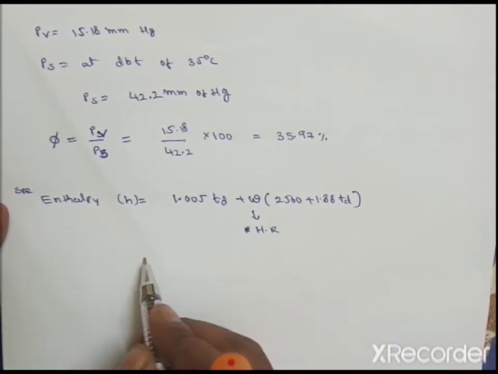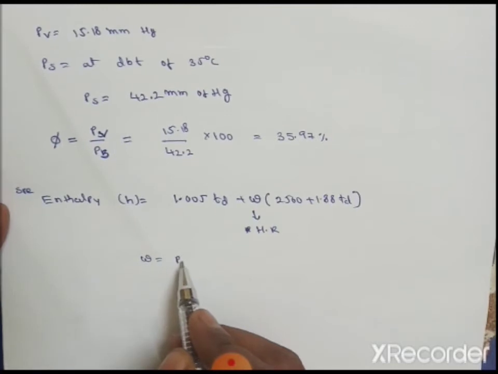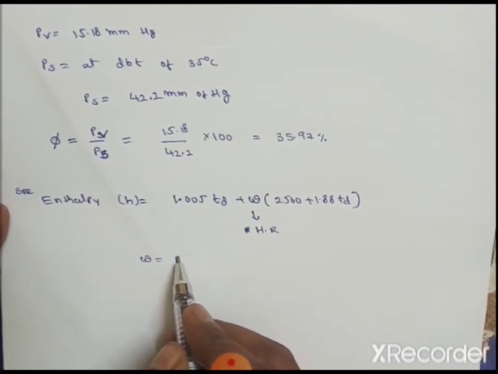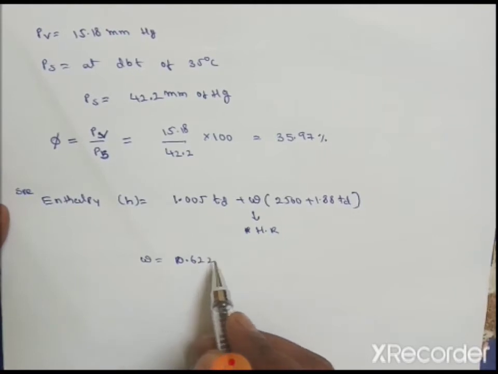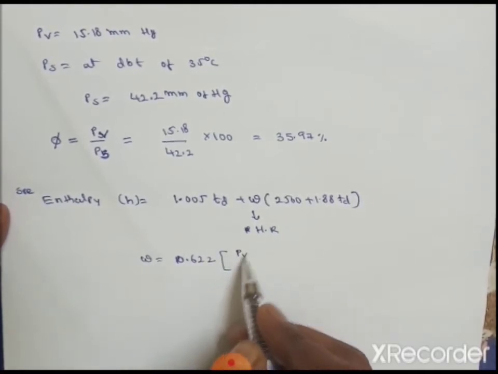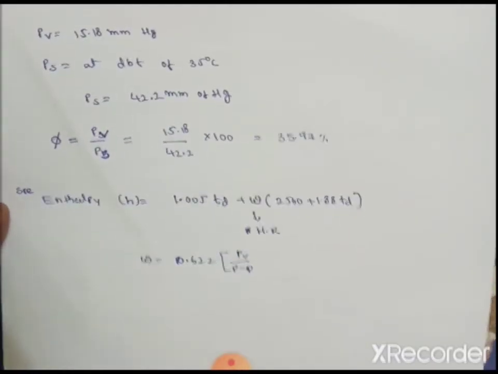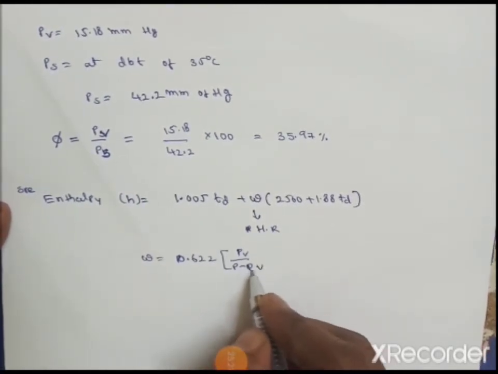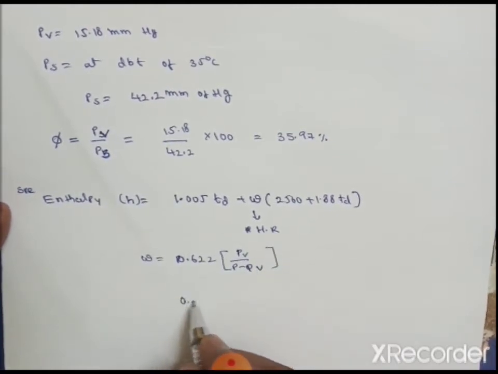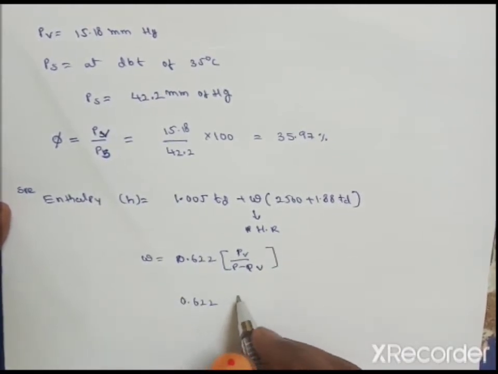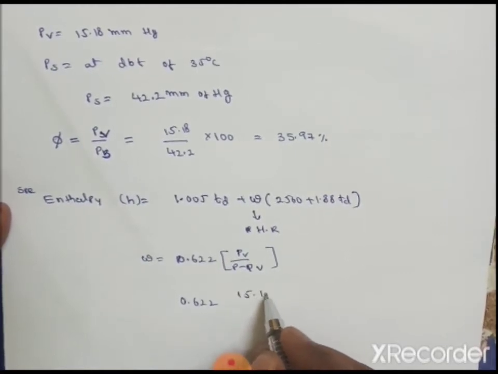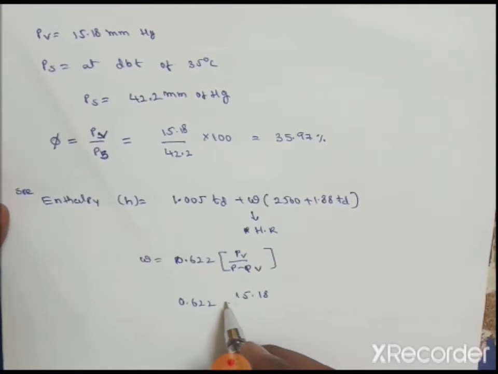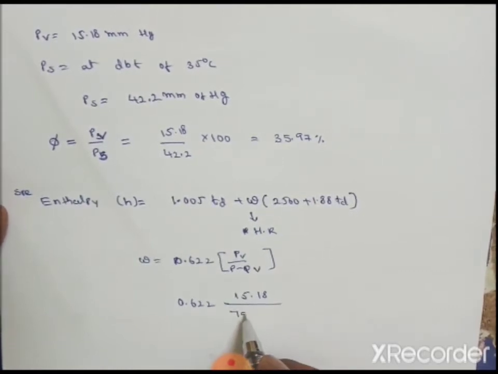So this humidity ratio is equal to 0.622 PV divided by P minus PV. The PV value is 15.18, divided by 750 mm of Hg minus 15.18.